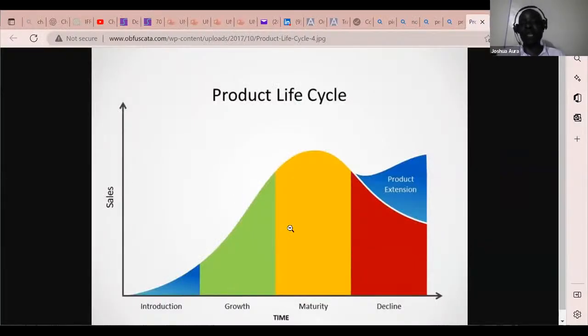So remember the normal life cycle that we go through as human beings. Even before introduction, there is what we call research and development. Research and development will take some time here. And then now you are born, what we call introduction. After you are born, after you've been given a few spoons of Cerelac and your mom's breast milk, we expect you to do what?